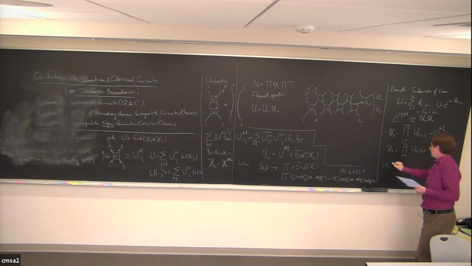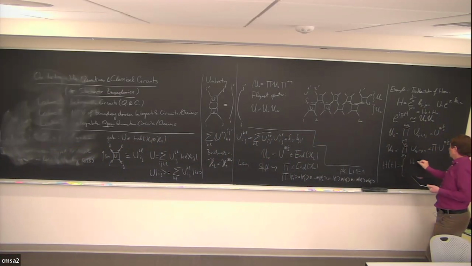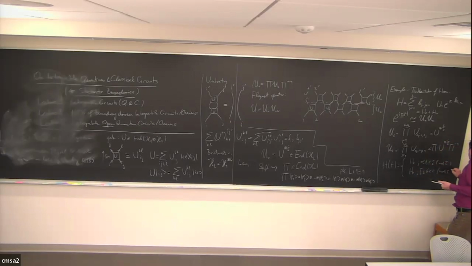And then you take a Hamiltonian which is H even for time between 0 and tau over 2 mod tau, and H odd for times between tau over 2 and tau mod tau. So you just take a many-body Hamiltonian which has two values, H even and H odd.